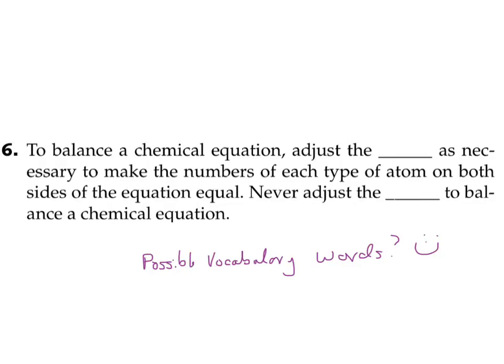Okay. To balance a chemical equation, adjust the... So what's the first word? To balance equations, adjust the blank. Stoichiometric coefficients. Yep. Never adjust the blank. Subscripts. Never adjust the subscripts. Yep. Very good.